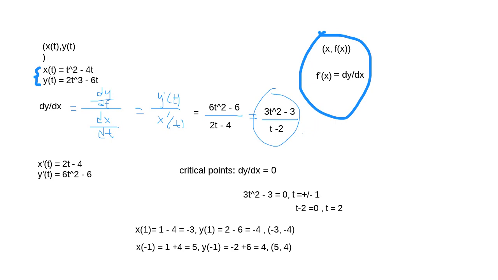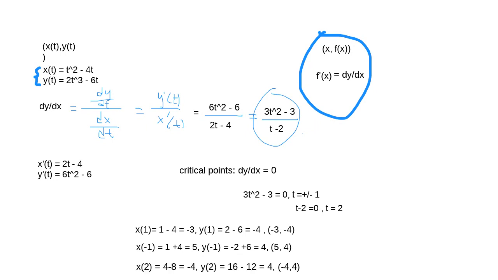So x of 2 equals 2 squared minus 4 times 2, minus 8. So 4 minus 8, which is minus 4. And y of 2 is 2 times 2 cubed, which is 2 raised to the 4th, which is 16, minus 6 times 2, which is 12. So we get a 4. So we get our third point, negative 4, comma, 4.